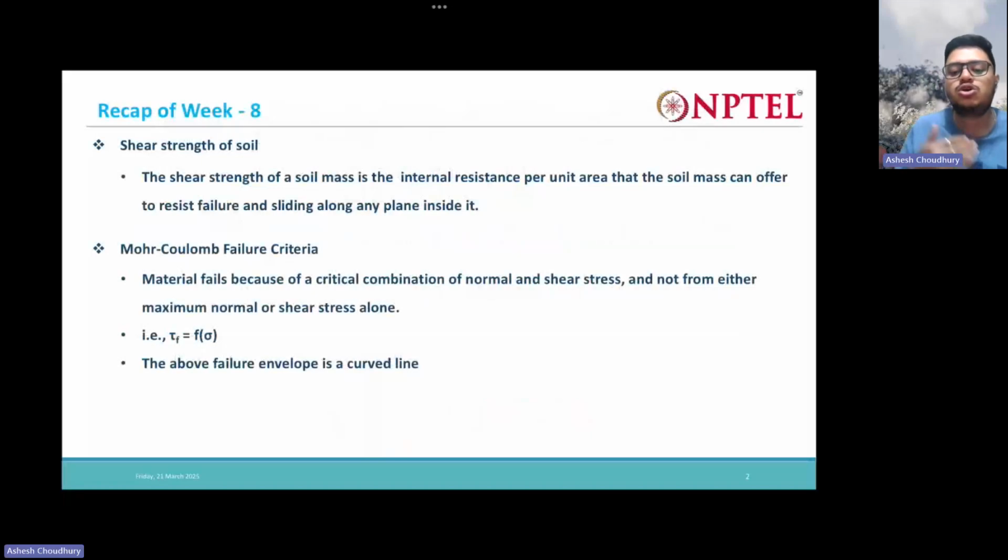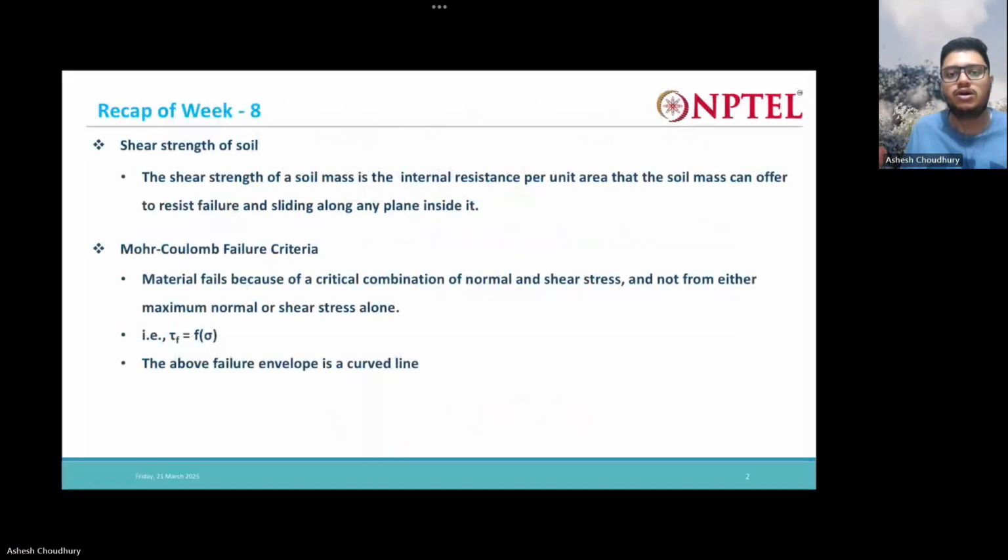Okay, so soil doesn't fail when we have maximum normal stress, nor when we have maximum shear stress. It fails when you have a critical combination of both normal and shear stress. Understood, right?